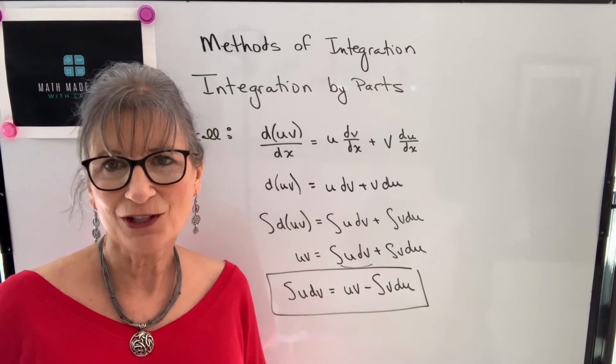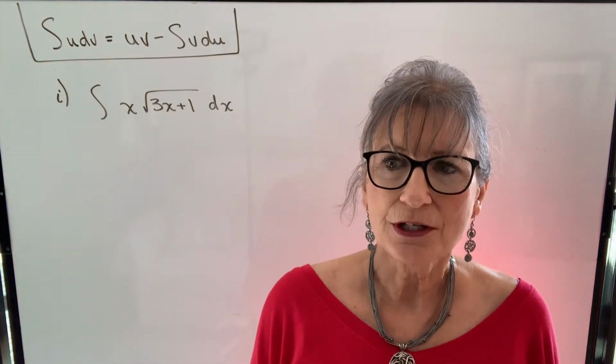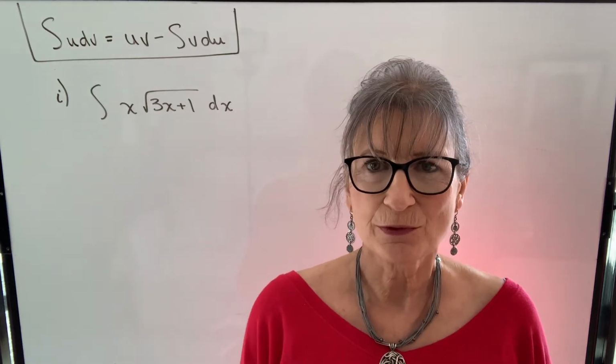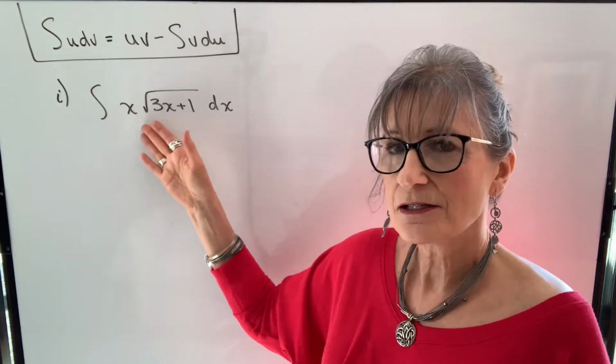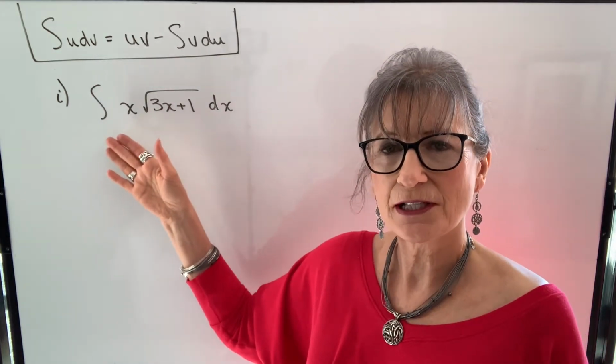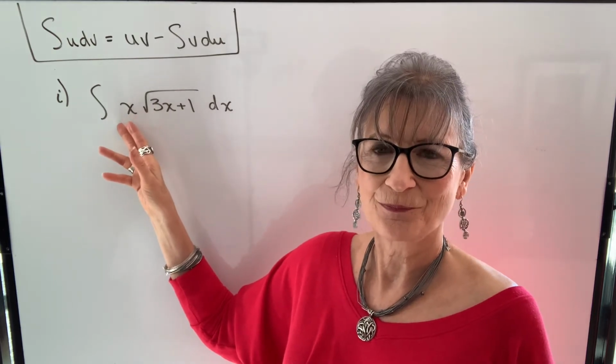Let's take a look at how we use this. In all of the patterns that we've looked at so far, we've had a du factor. So we've had whatever type of function it is, and then we've had a du factor. In these questions, you're going to encounter factors that are not part of the du factor.